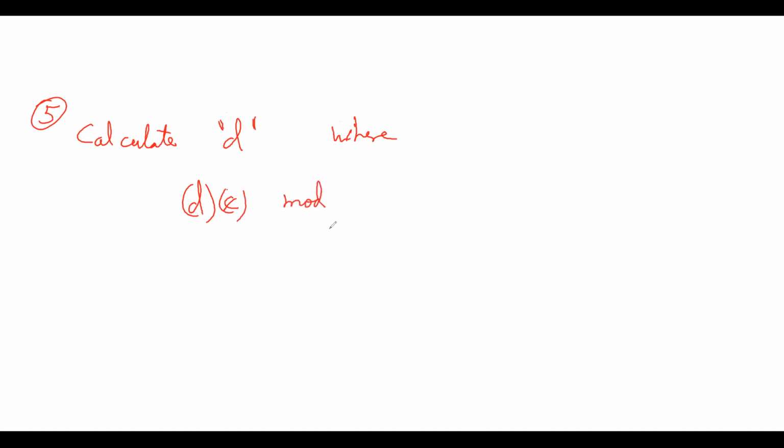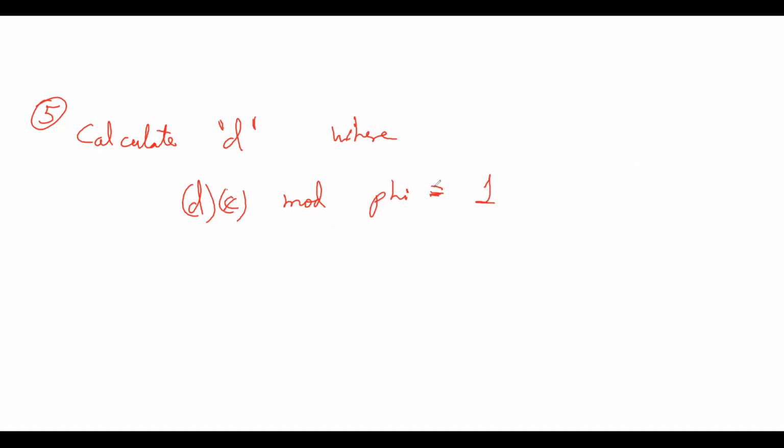Then number 5, you're now going to calculate D where you have this condition: D times E, the previous exponent, mod phi, where mod is a standard operation in all programming languages, is equal to 1.